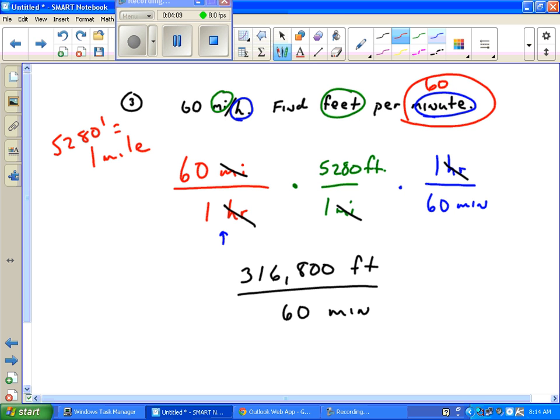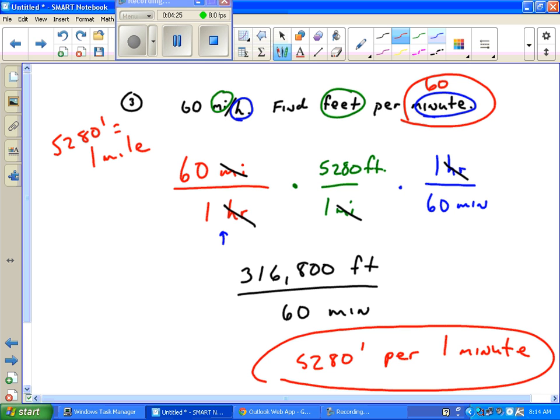So what you need to do is divide 316,800 by 60, and it tells you 5,280 feet per 1 minute. And if you think about how much sense that makes, you're going 60 miles per hour, and there are 60 minutes in an hour. So that means you're going 1 mile per minute.